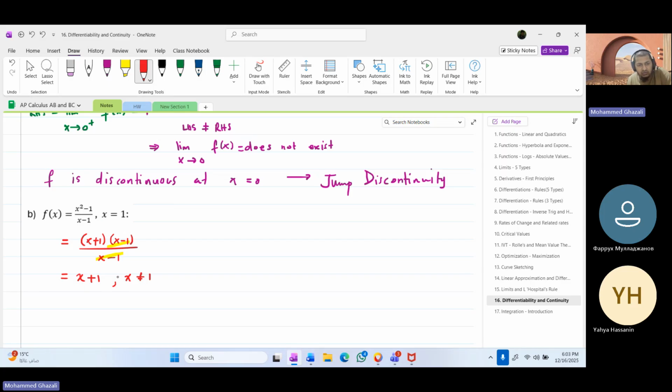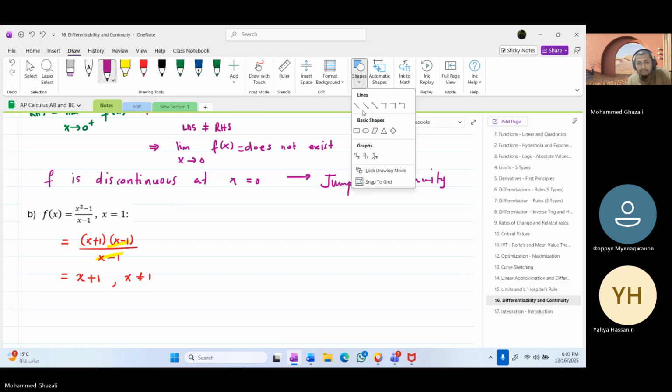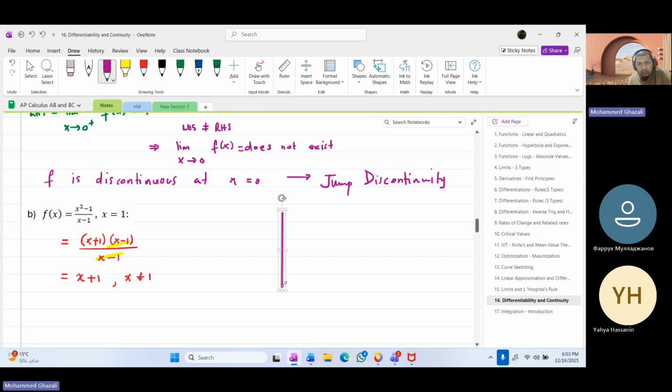So how will I sketch a graph of y equals x plus 1? It's a linear function, but undefined at 1. Why is it undefined at 1? Look at the original function. So for x plus 1 the x-intercept is minus 1, and it is undefined at 1. So it's a graph with a hole in it, okay?